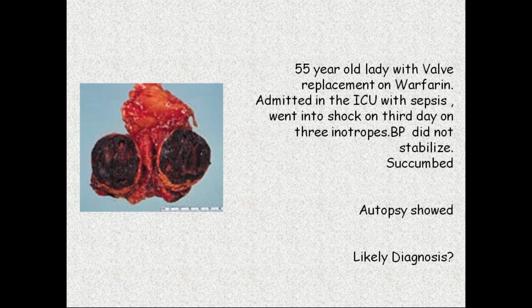The patient is on warfarin, so there will be increased risk of adrenal bleeding. You can see the adrenal gland showing hemorrhage, with bleeding clots in it. So it's an adrenal hemorrhage secondary to the warfarin. So we should use steroids in this patient at that time.